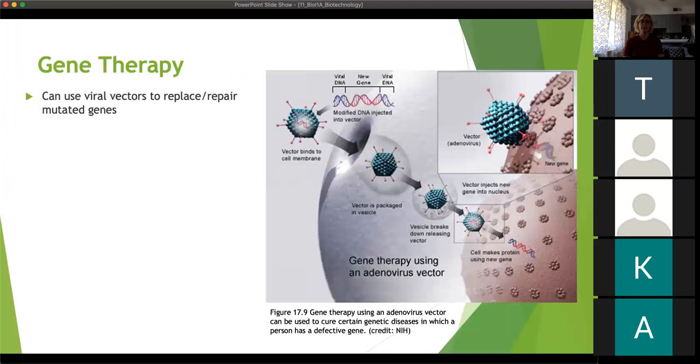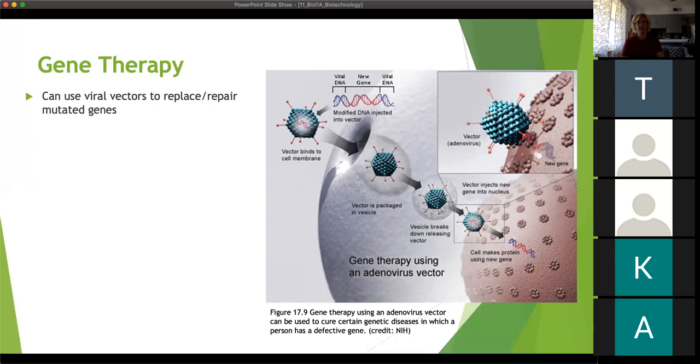So there are a number of conditions that people can be born with that are a result of mutations to DNA, broken copies of a gene, and especially when we're talking about conditions that are caused by a single gene mutation. Again, in theory, the idea would be if you have a defective form of a gene, what if we could repair it or replace it?